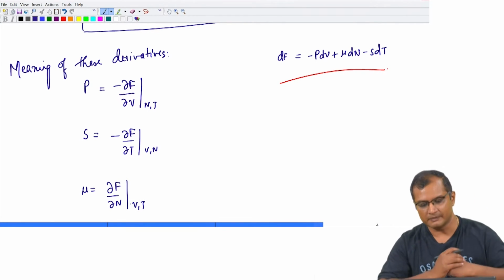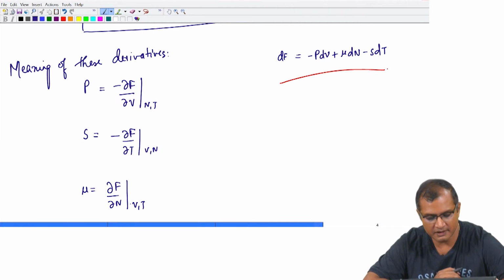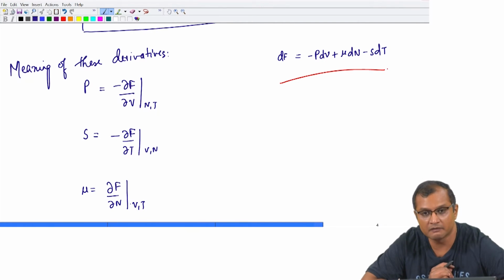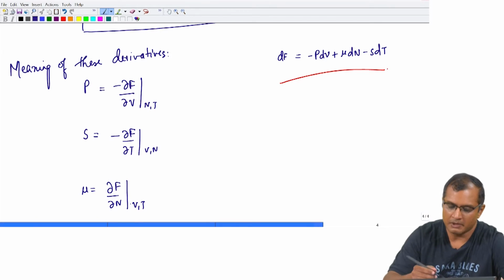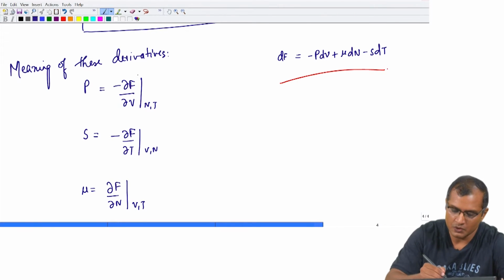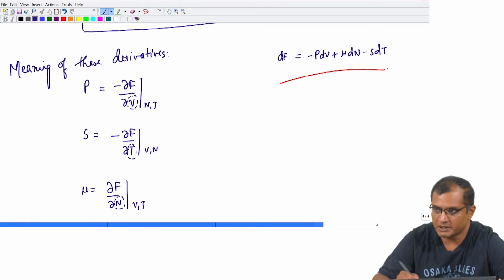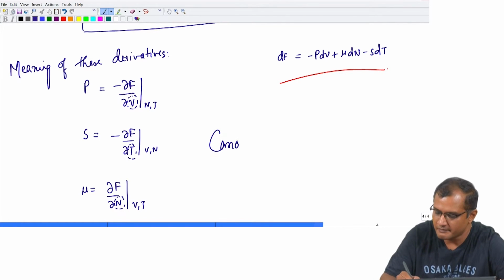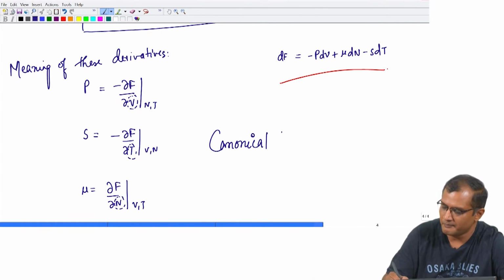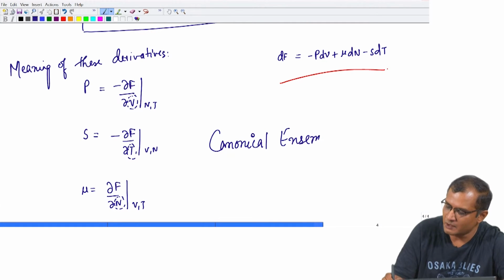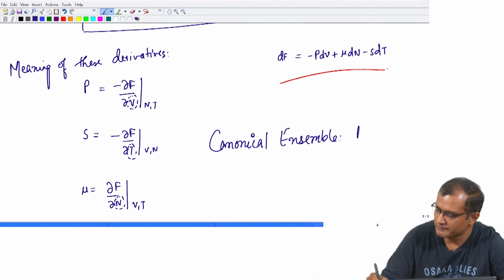Now, the question is, I have computed these three quantities, pressure, entropy and chemical potential, by taking a derivative with respect to V, with respect to temperature and with respect to n. But in my canonical ensemble, these are the three quantities preserved or conserved.